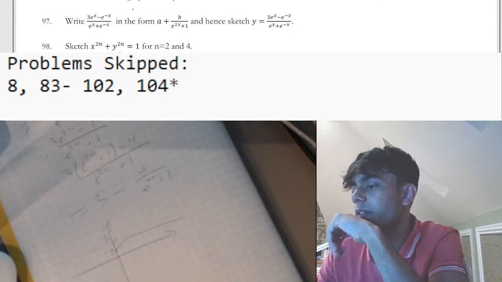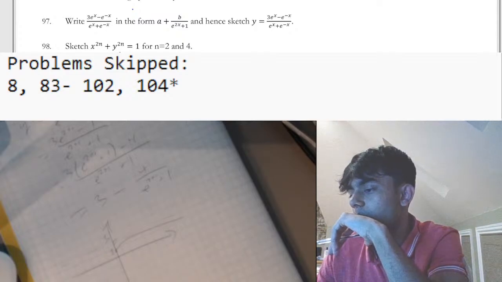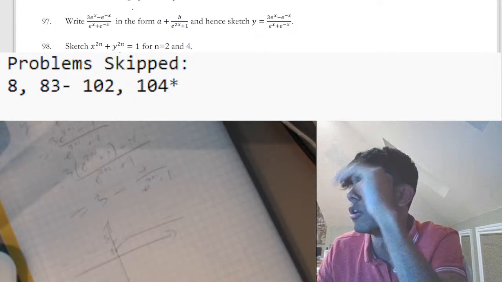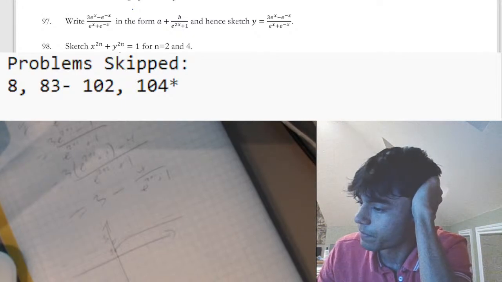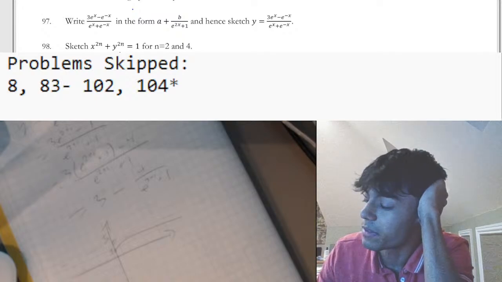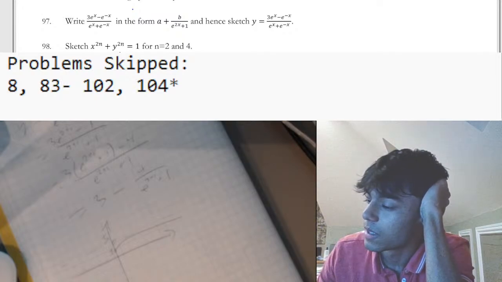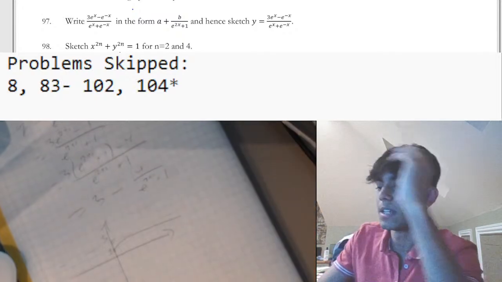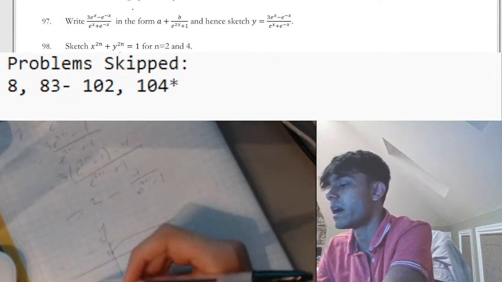And on the other side, it's gonna be the same thing though. Oh no, but on the other side, this thing is gonna tend to 4 over 1, so it's gonna tend to minus 1.